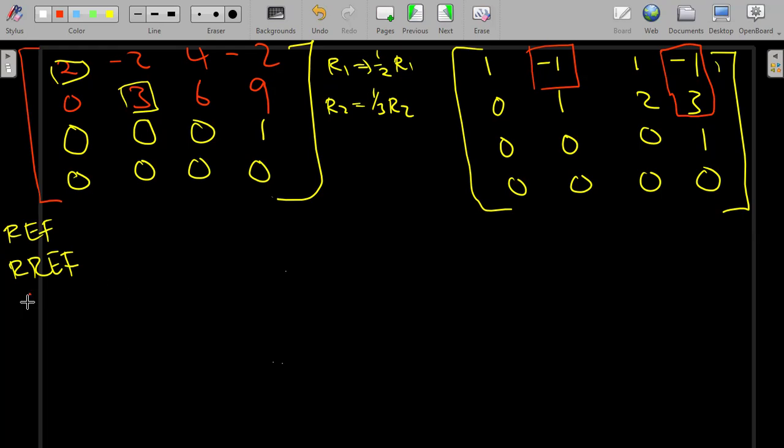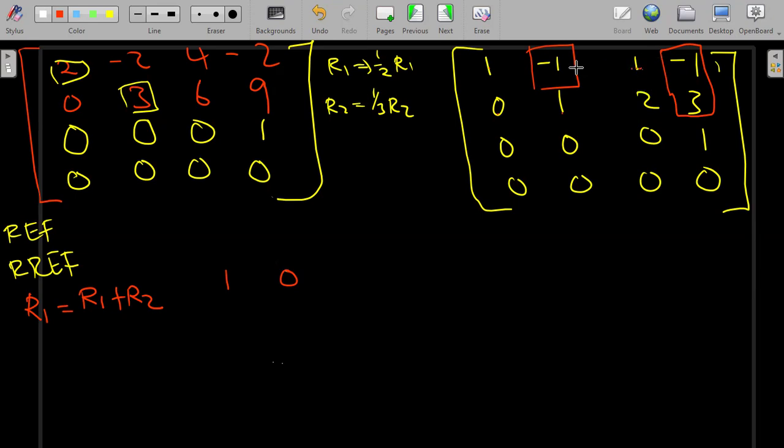We're going to say our row 1 is going to be row 1 plus row 2, because here I can see 1 and here minus 1, so when I add them, it's going to be 0. I'm only making changes to the first row. So 1 plus 0 is still 1. Minus 1 plus 1 gives me 0.